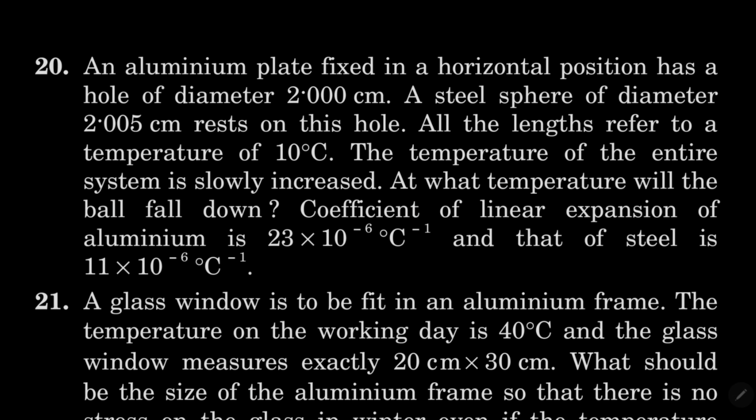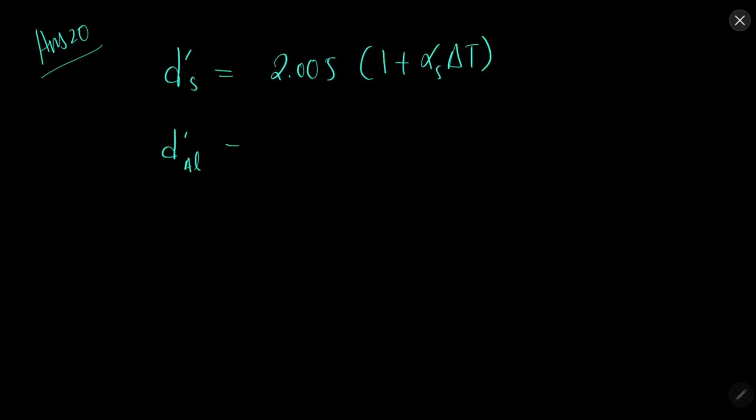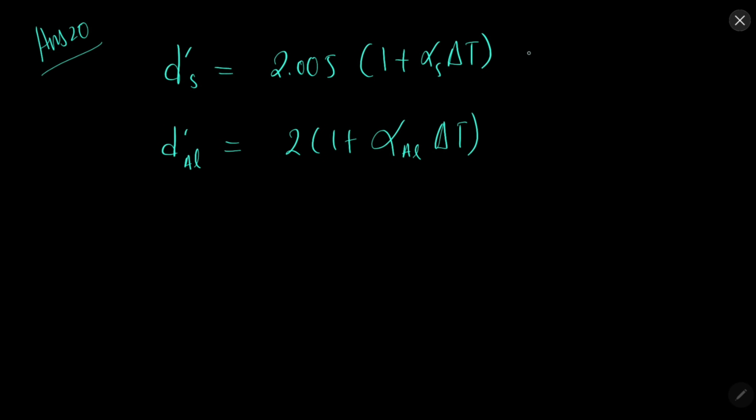Question 20. Aluminum plate fixed in horizontal position is there. At what temperature will the ball fall down? Solution 20. So in this question we will have this scenario. Del T, 1 plus alpha Al del T. So ultimately this will be there.